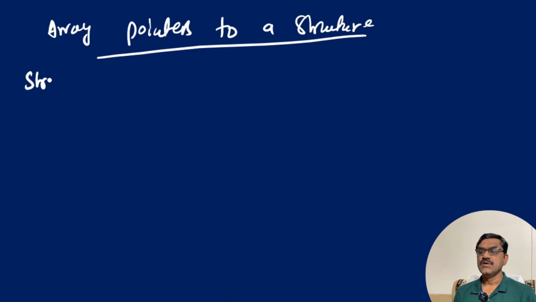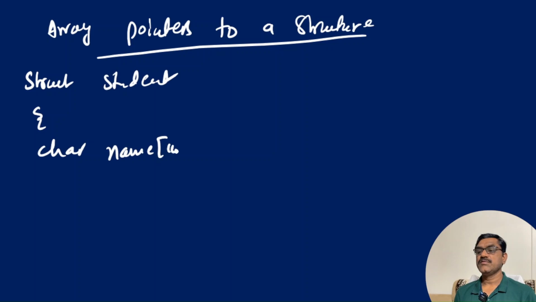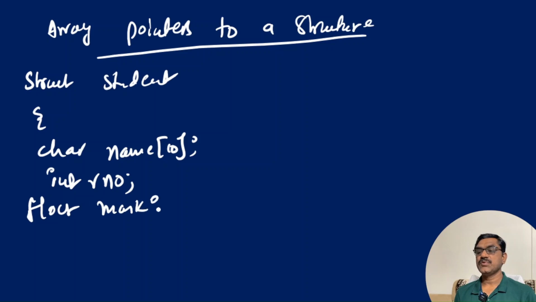For example, if I write struct student, with a character array name of the student with dimension 10, an integer roll number, and a float marks, the same example every time, then after the closing brace I write star s of 5. What do you mean by star s of 5?